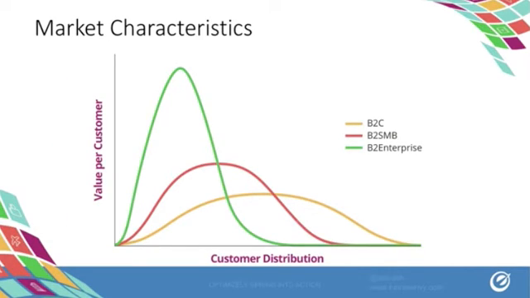If we refer back to some of the market characteristics that we talked about earlier, I think the test ideas and testing opportunities that we're going to talk about that leverage account-based marketing really skew towards those of you that are selling to the enterprise. Larger deal sizes, fewer customers, larger economic value per deal. You can afford to invest more and try to get deeper engagement with those target accounts.